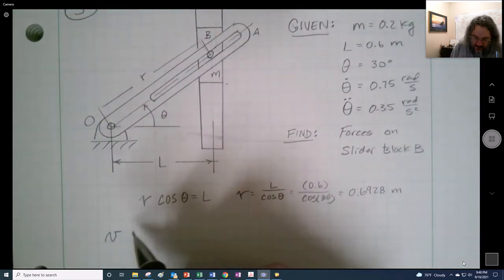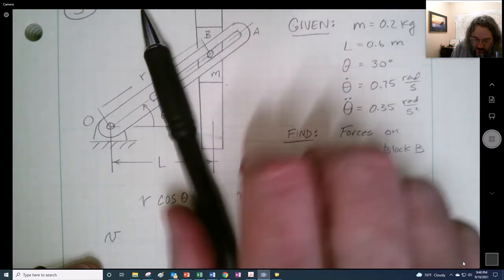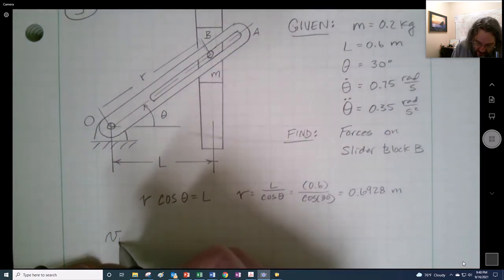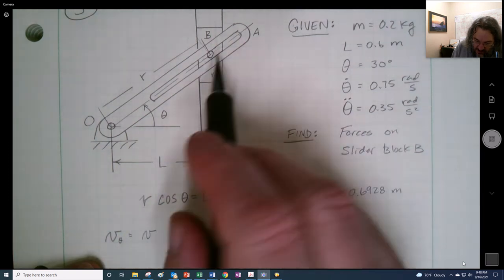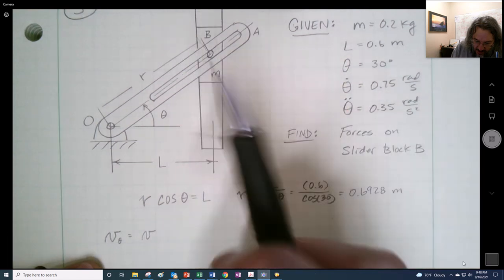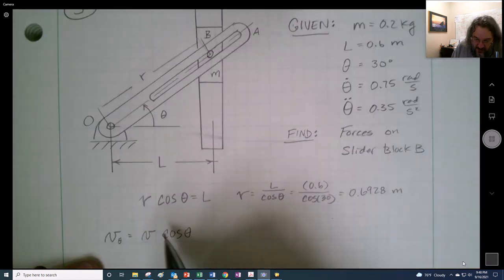So we'll call this the theta component. v theta is going to be v, the actual velocity, times the cosine of theta that we're going to measure.